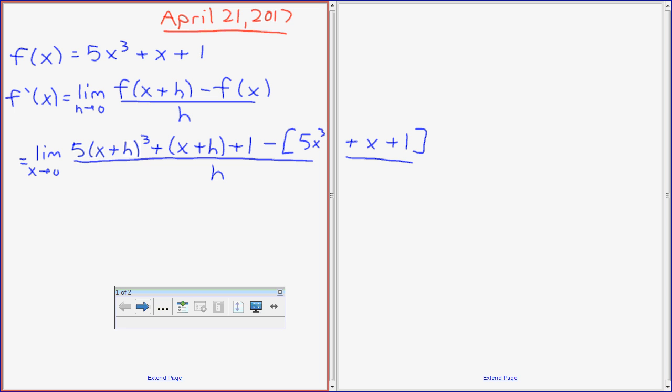Okay, hopefully this is all starting to come back. Right? I hope. Alistair, how do you cube something? What is the pattern for cubes? Okay.